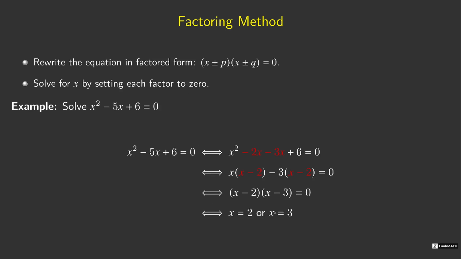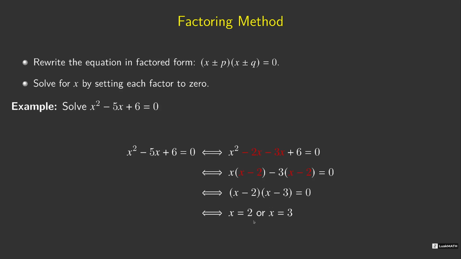So I set x minus 2 equals 0, and then I just move the 2 to the right hand side. I get x equals 2. Similarly, I set x minus 3 equals 0, and then I just move the minus 3 to the right hand side. I get x equals 3. And that's essentially the solution to this quadratic equation right here.